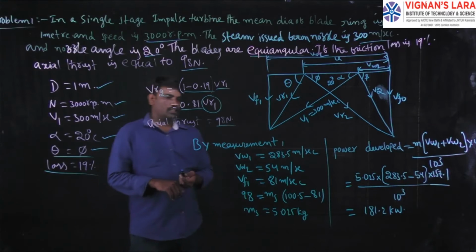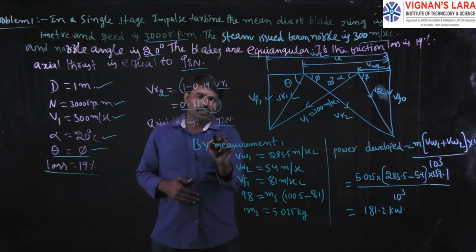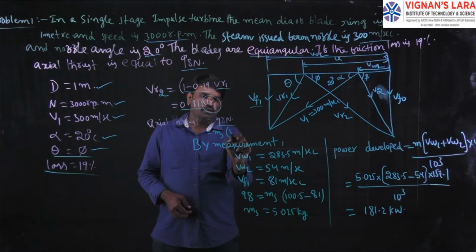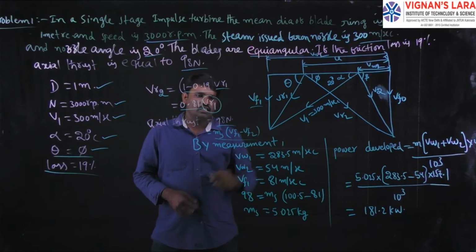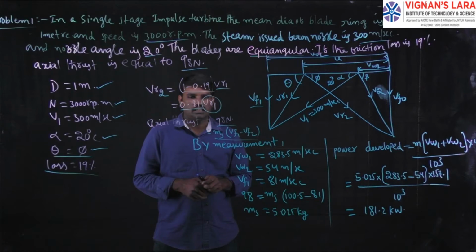Axial thrust means the mass flow rate. How do we find the axial thrust? Mass flow rate into Vf1 minus Vf2. This is the axial thrust, the difference between the rate of change of velocities in the axial direction.